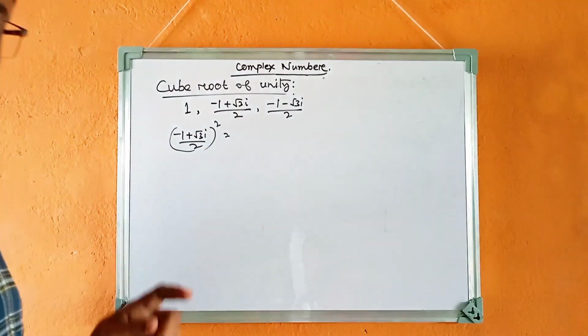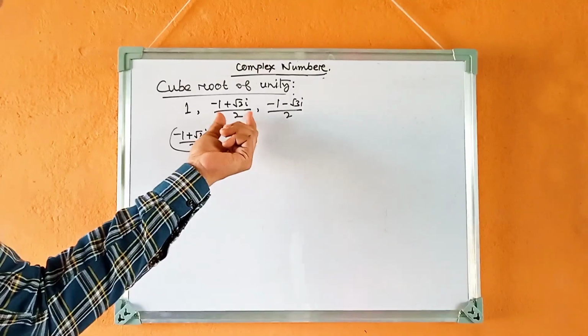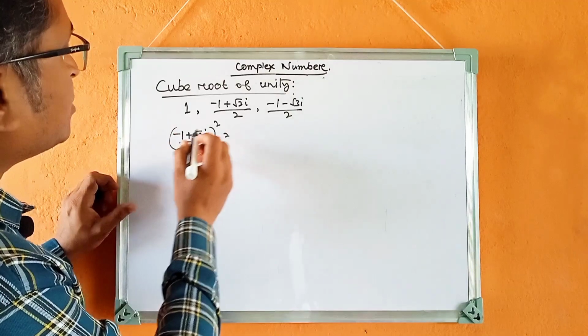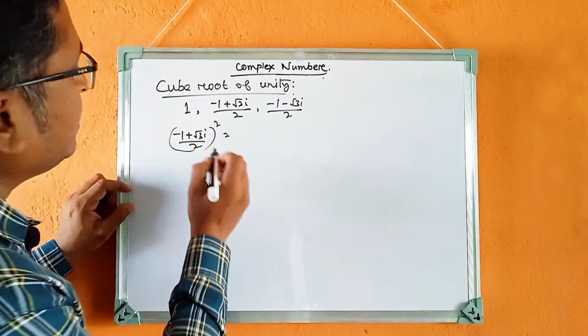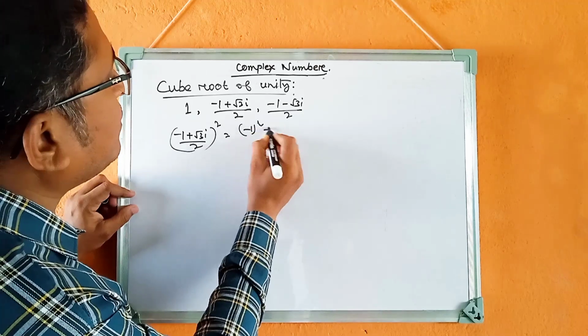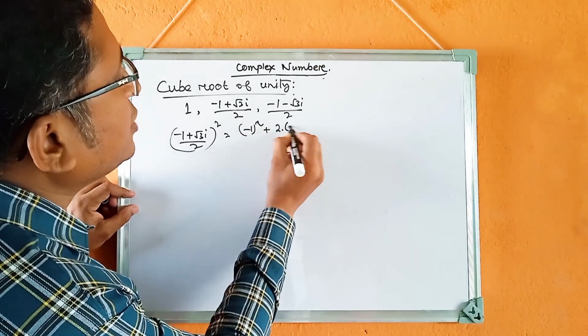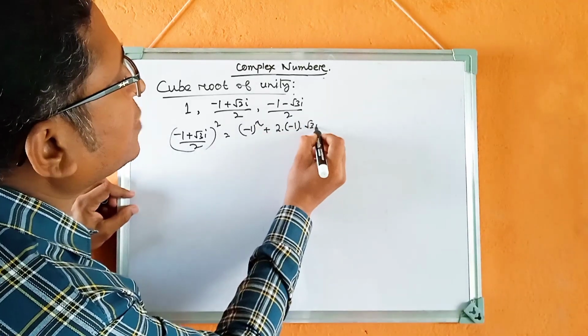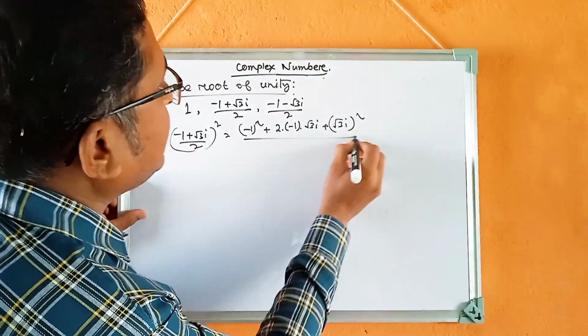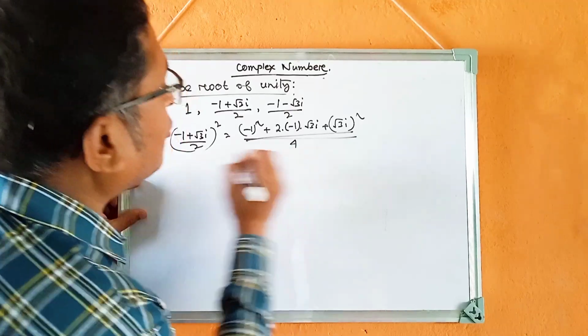I repeat, if we square one root, we get the third one. So we get minus 1 whole square plus 2ab, 2 into minus 1 into root 3 i, plus root 3 i whole square, divided by 2 whole square, that is 4.